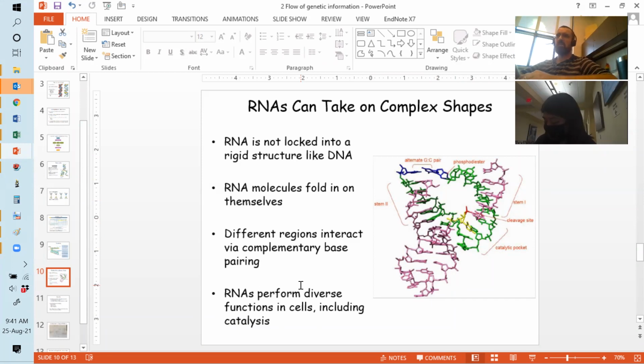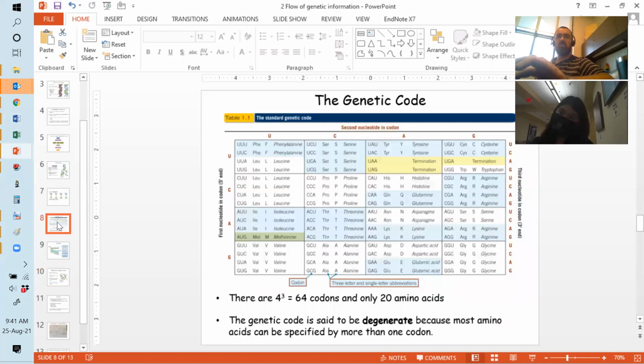Very many different ways, actually. They can do all kinds of funky stuff. And essentially, this is kind of a molecular equivalent of the Rosetta Stone. And so this is the genetic code, which tells us, okay, what word equals what amino acid.